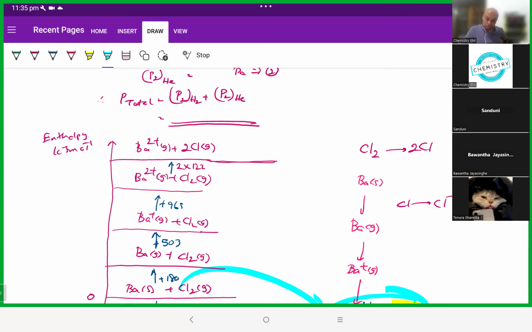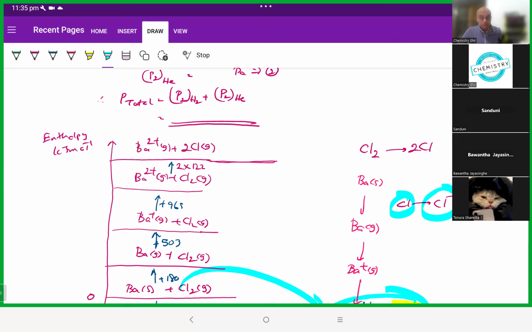Out of these two, Cl and Cl minus ions, which one is more stable? Stable is Cl minus, not Cl. Why? Good. Because of the electron configuration.